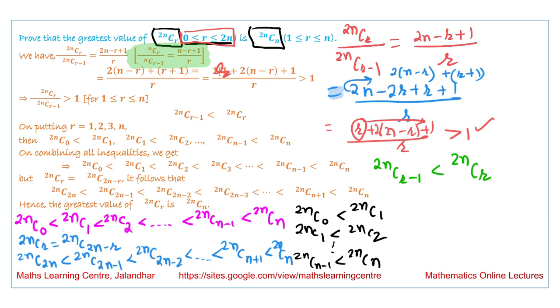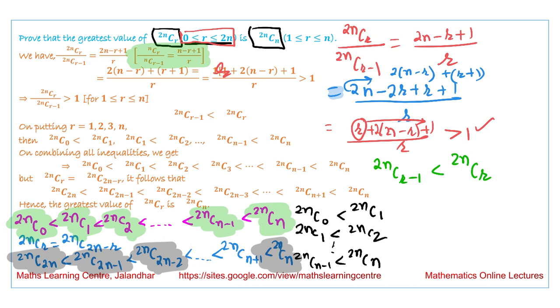So what we obtain from this is that 2nC0, 2nC1, 2nC2, up to 2nC(n minus 1), all these values are less than 2nCn. And looking at the next terms, 2nC2n, 2nC(2n minus 1), 2nC(2n minus 2), all these are also less than 2nCn.